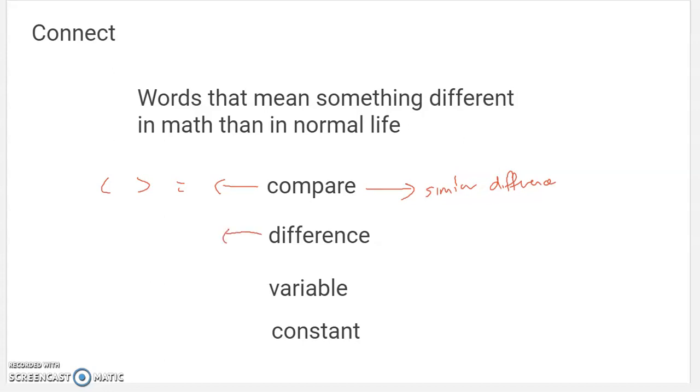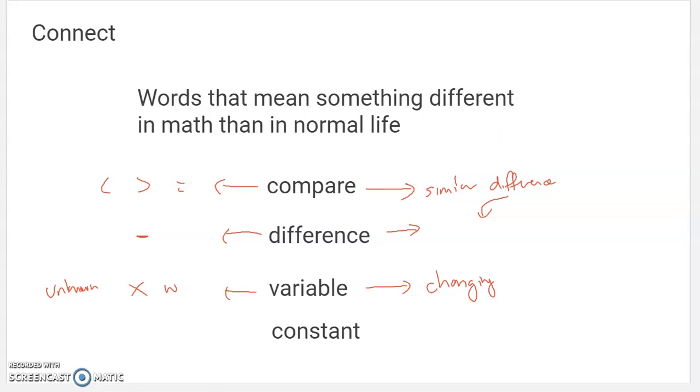Difference, in math, means the answer you get when you subtract two things. In regular life, it means what's different about things, totally different. Variable in math is usually a letter that represents an unknown value. And variable in every other part of life kind of means changing, or can vary.